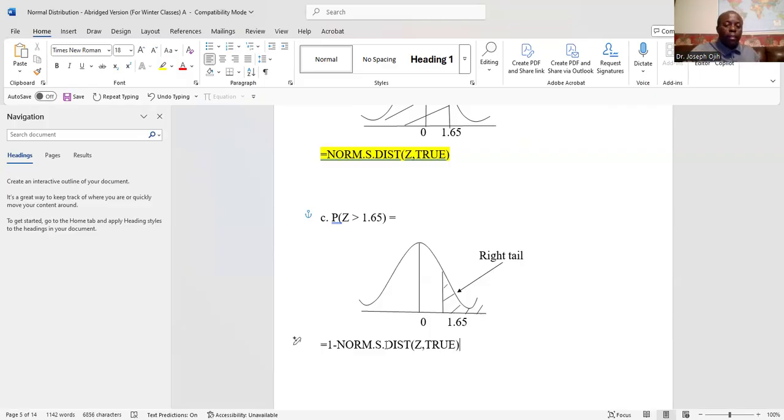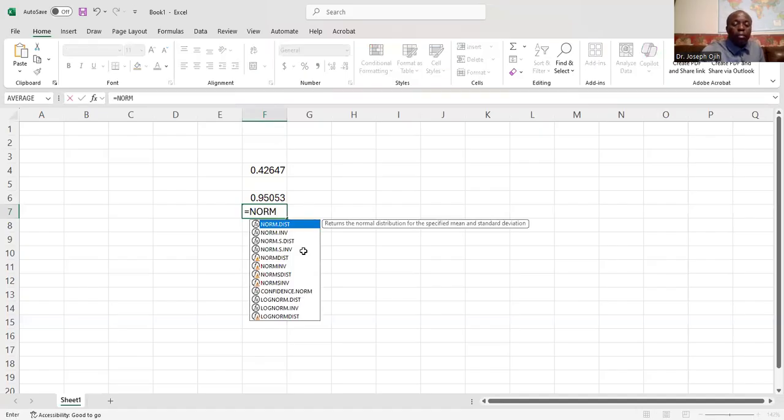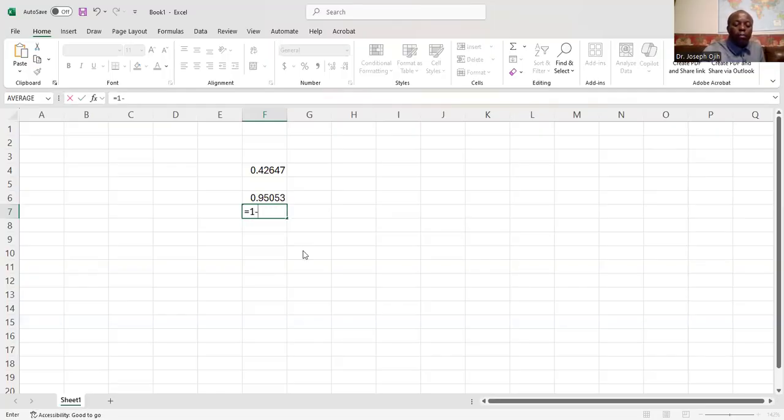So I'm going to go to Excel and do it again. Equals 1 minus NORM.S.DIST, 1.65 is the z value, comma, true.